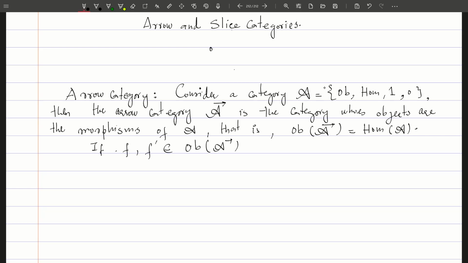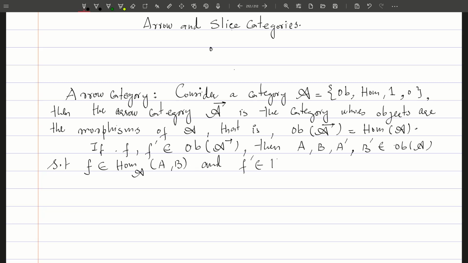Since these two elements are the morphisms in the given category A, there must exist objects A, B, and A prime, B prime in the object class of A, such that F is an arrow in the category A from object A to B, and F prime is an arrow from object A prime to B prime.